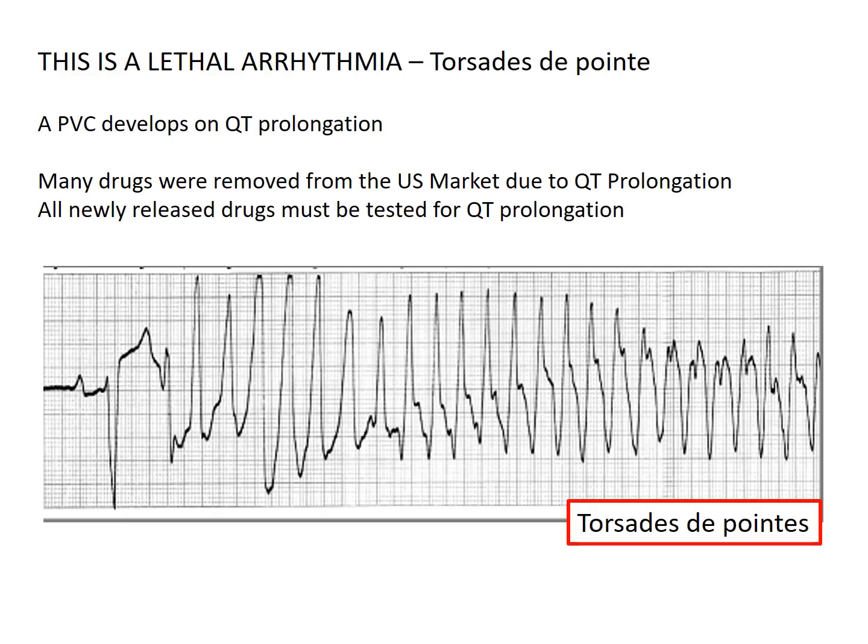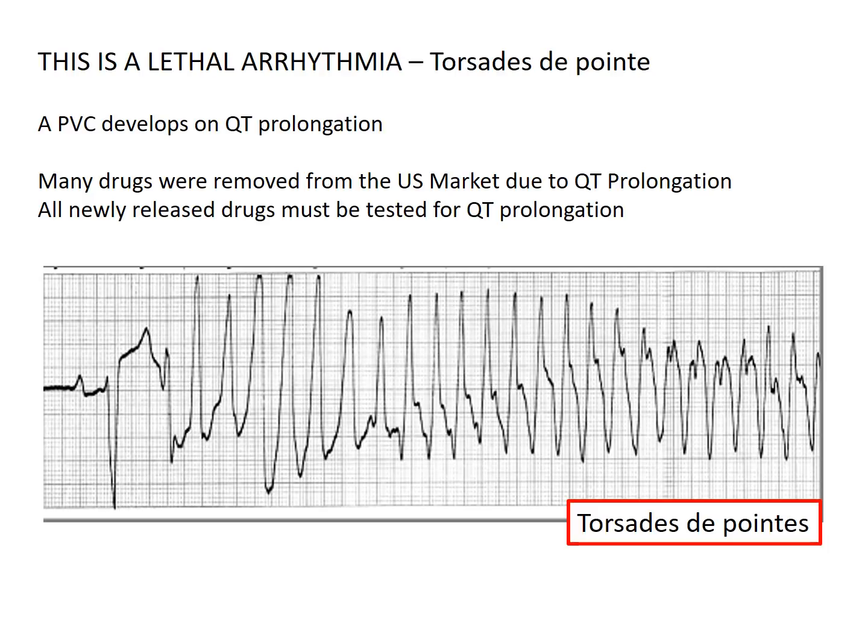Okay, here is a lethal arrhythmia. It's called torsades de pointes, twisting of points. And this usually develops in individuals with QT prolongation, and particularly if a PVC fires in a critical timing of the QT interval.